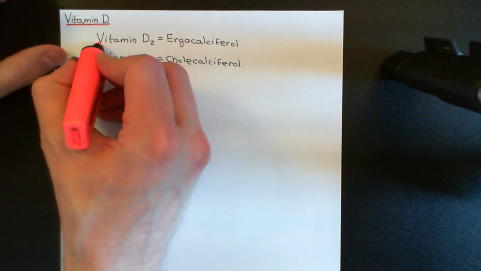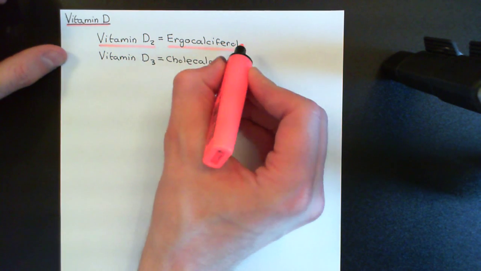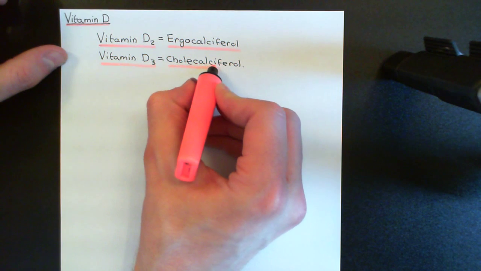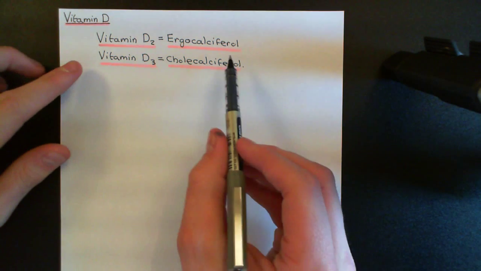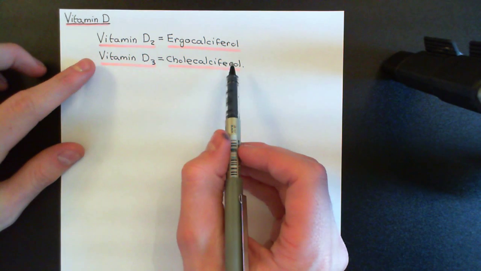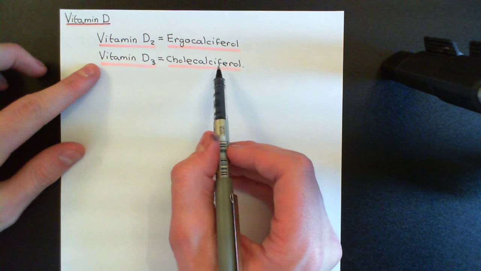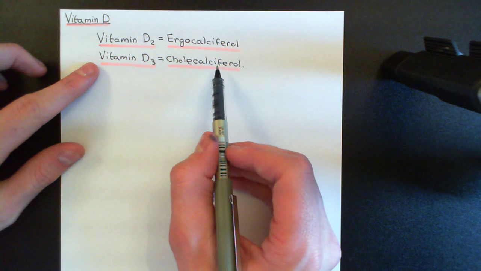Now, rather than just putting on the piece of paper the chemical structures straight away of both of these molecules, what I'd like to try and do is motivate or build up to the chemical structures of these two molecules. In particular, the way we're going to do this is by looking at cholecalciferol, because vitamin D3, cholecalciferol, is the one that your skin cells are actually capable of synthesizing from a molecule called 7-dehydrocholesterol.